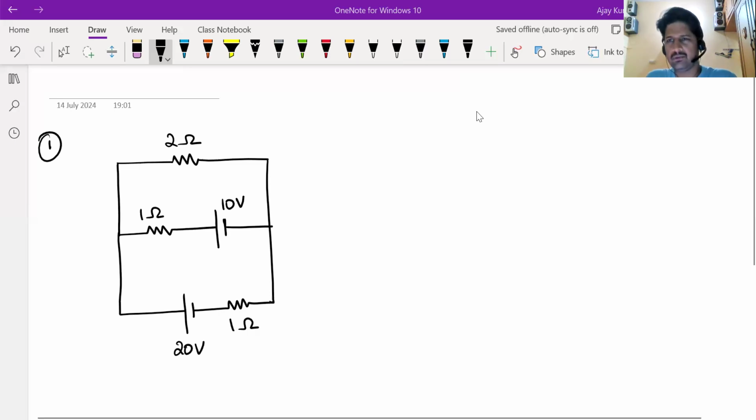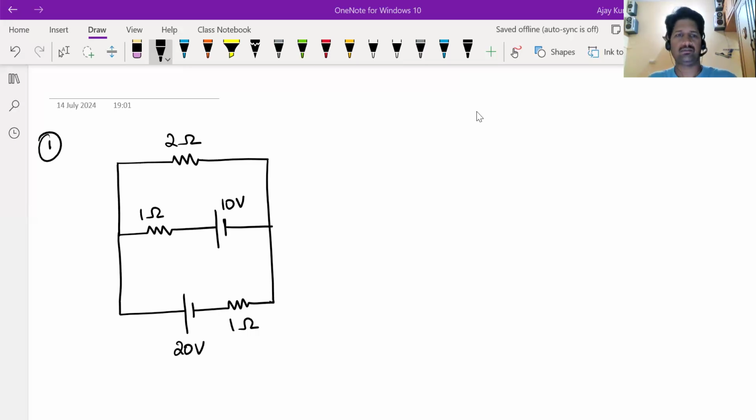So tell me how you'll start solving this problem. The aim is to find out current in every branch. So how will you start the question? Start solving. So we can divide it into 2 parts and then solve each one of them separately and add them. So you're saying, okay, wait, this is a new idea that I heard for the first time.